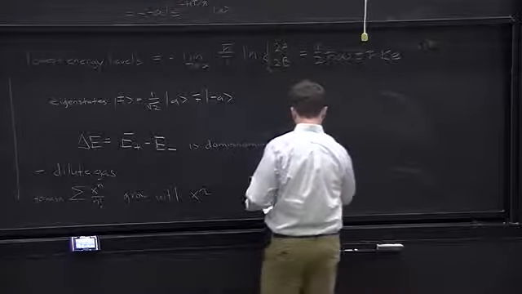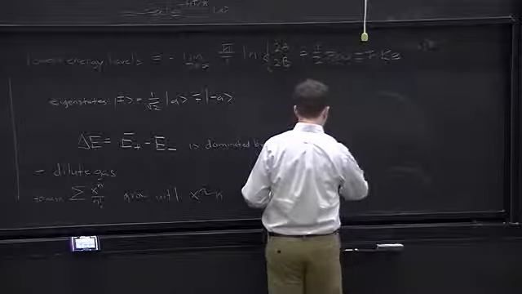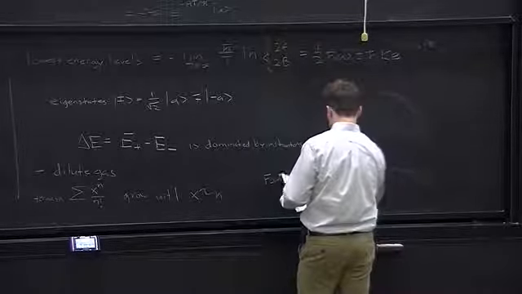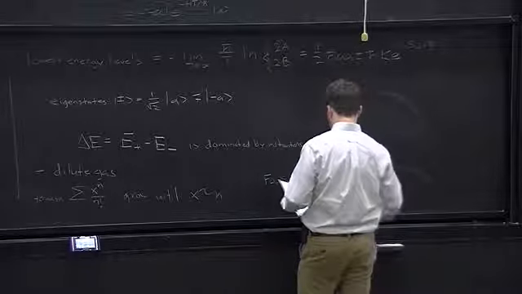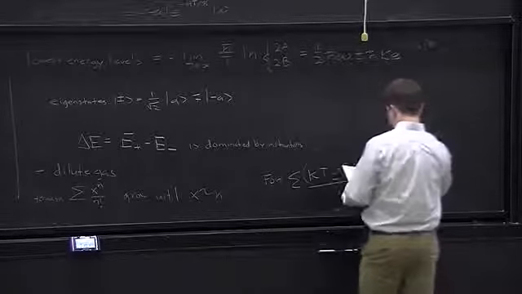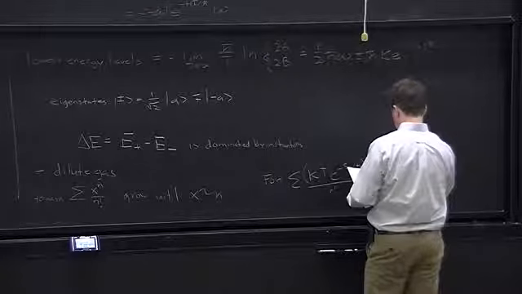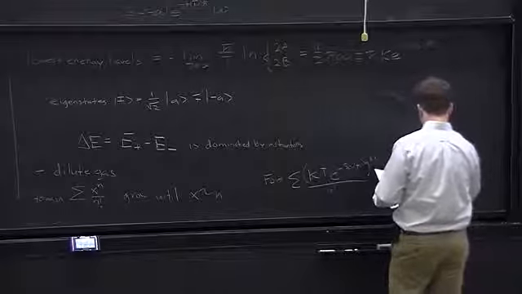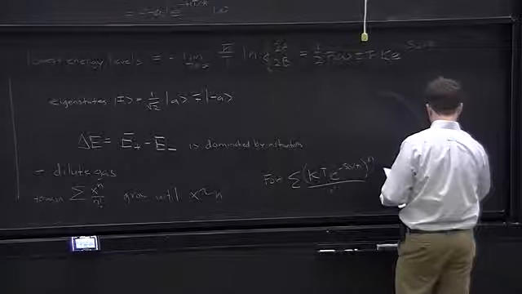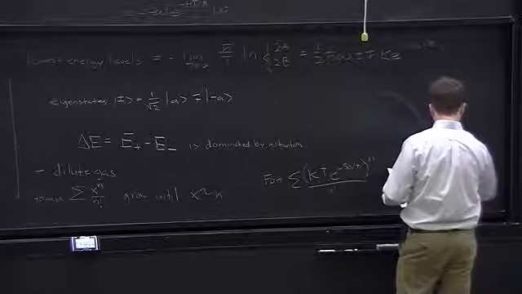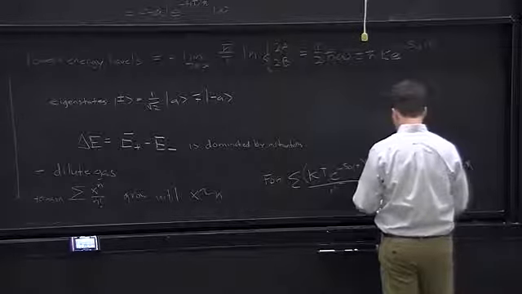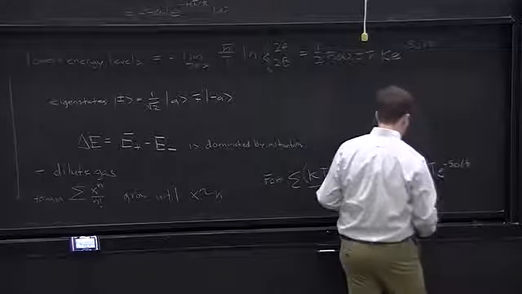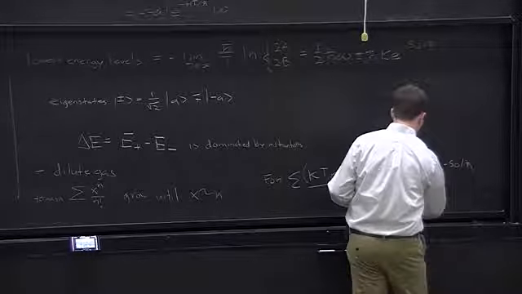So for us, we were summing (K t e to the minus S naught over h bar) to the n over n factorial. So the most important terms are those with n less than or equal to K t e to the minus S naught over h bar, which tells us that n over t is exponentially small.